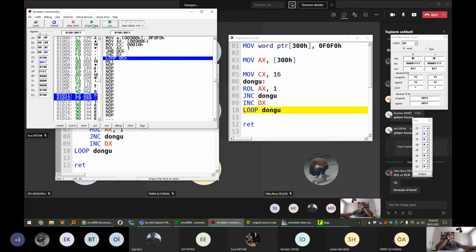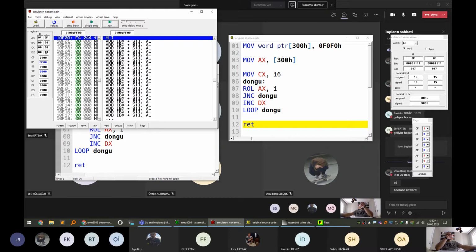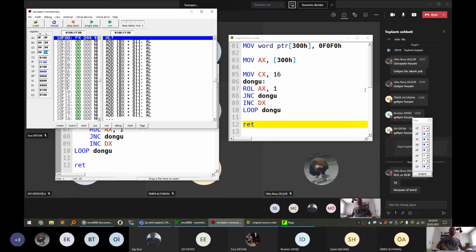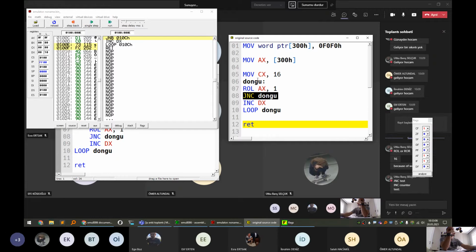Oops, this is wrong. dx counts 16 times. Why is this wrong? Okay, it rotates. It shouldn't jump to the beginning.